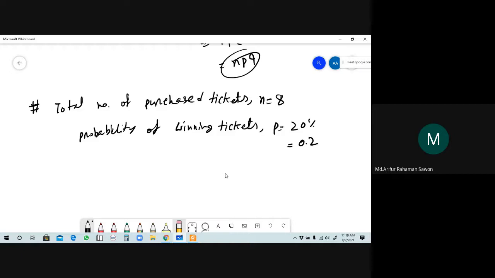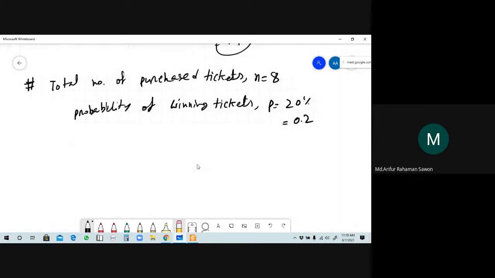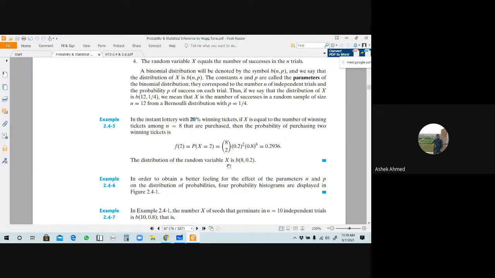So the probability of losing tickets, 1 minus P, will be 0.8. Now we have to find out the probability of purchasing 2 winning tickets.